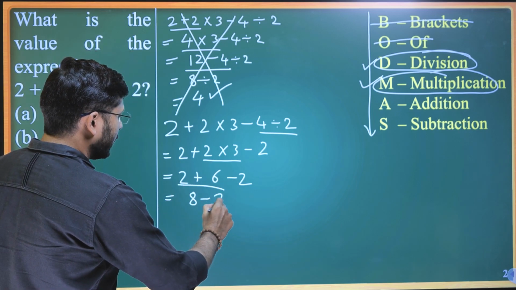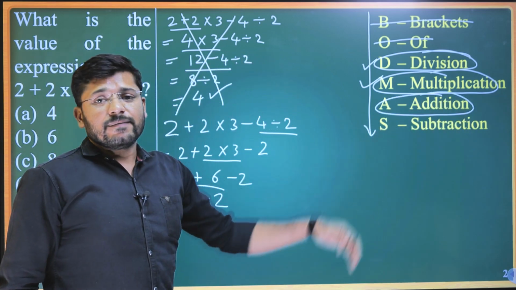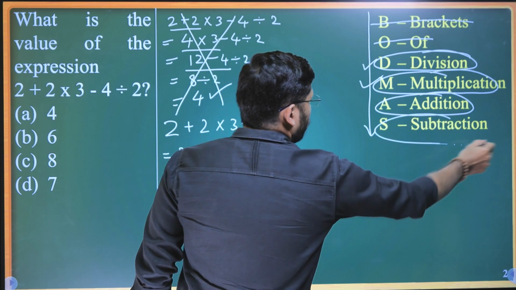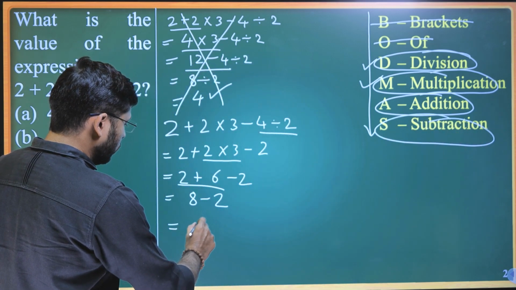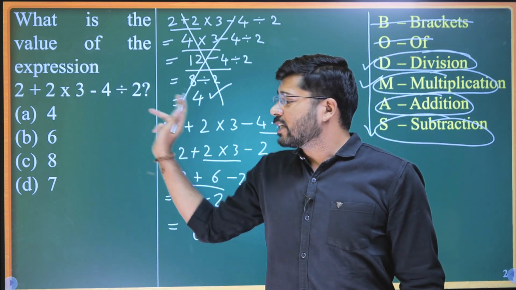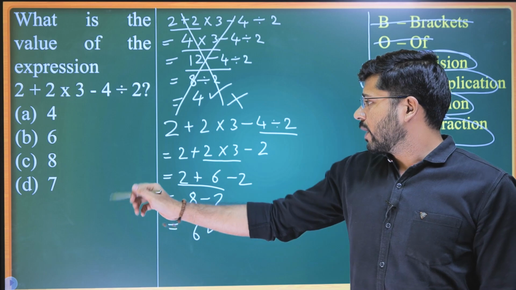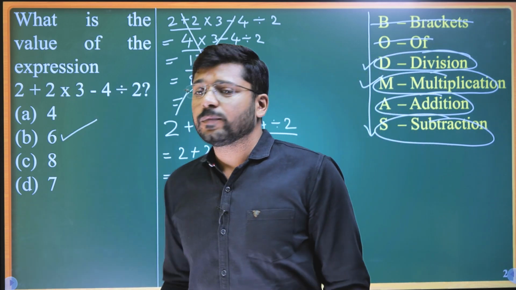It would be 8 minus 2. Now we are done with addition also. Then finally, we have only subtraction to do. 8 minus 2, that is 6. So the value of this expression is 6 and not 4. So your answer would be option B, 6.